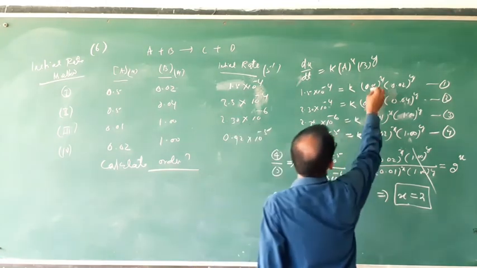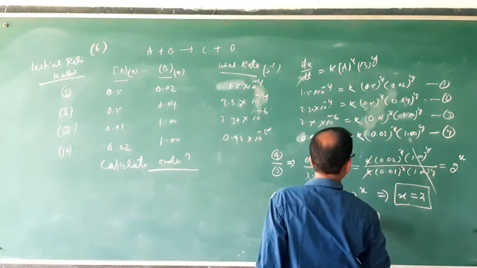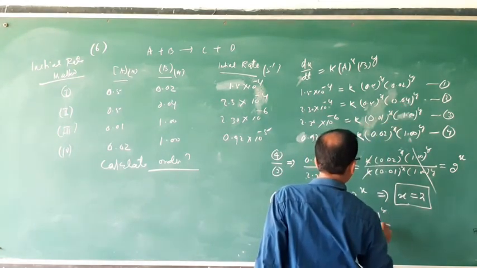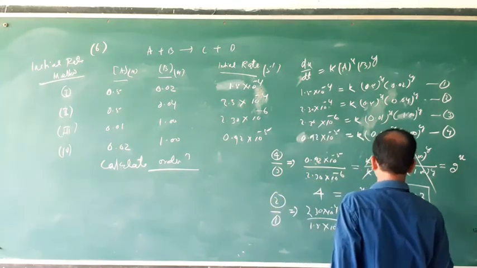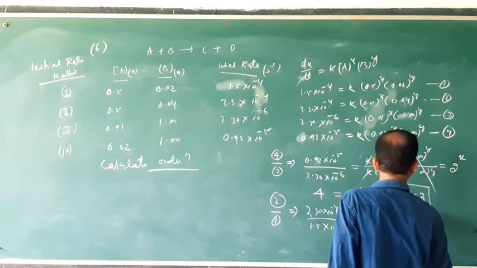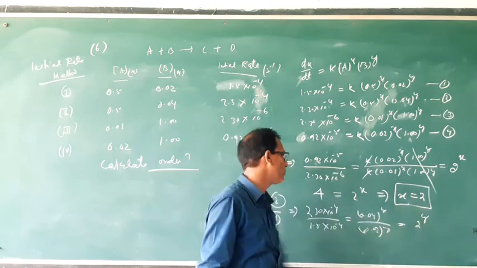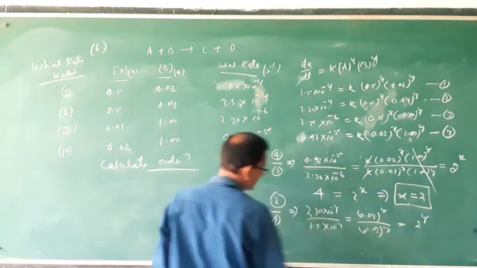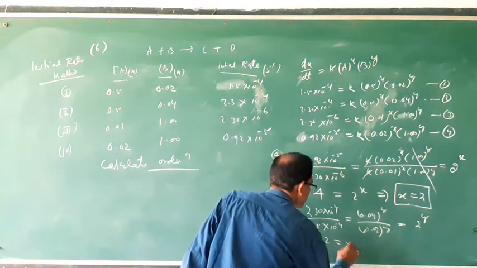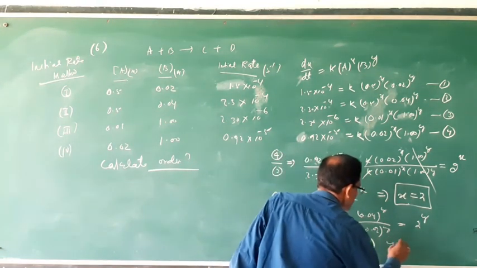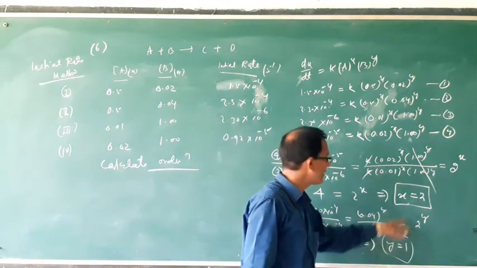Here both cancel. What is left is 0.04 to the power y by 0.02 to the power y, which is 2 to the power y, because 0.04 by 0.02 is 2. And your left side will be 2. So 2 is equal to 2 to the power y, which implies y is equal to 1. So here y is equal to 1 and x is equal to 2.